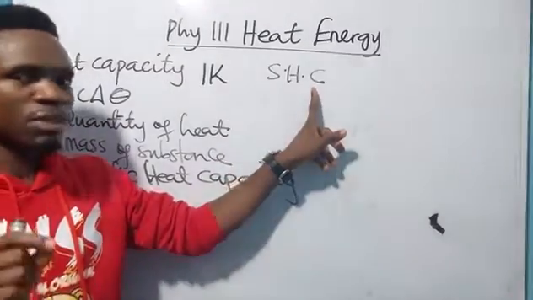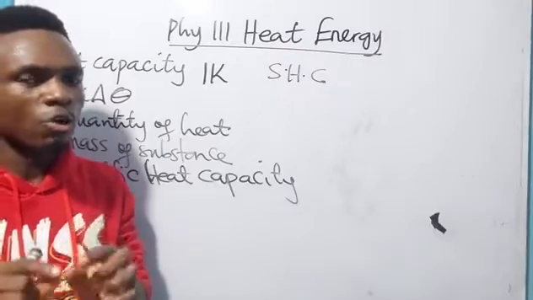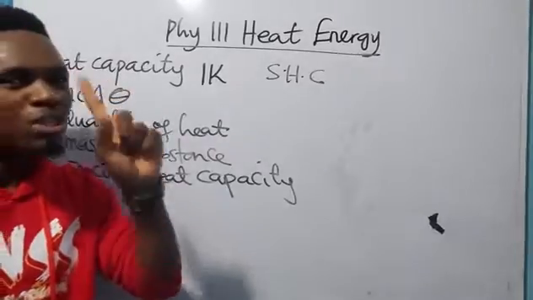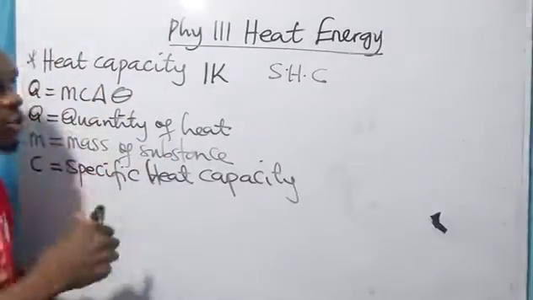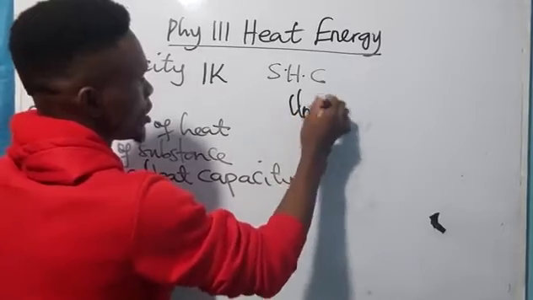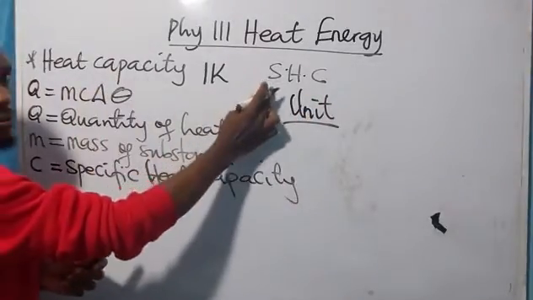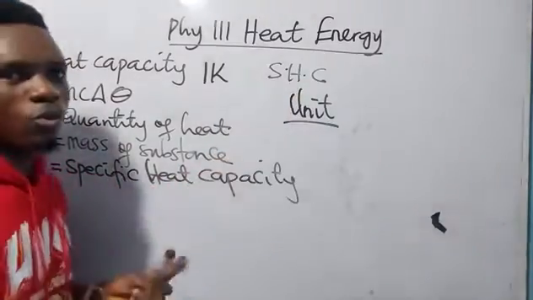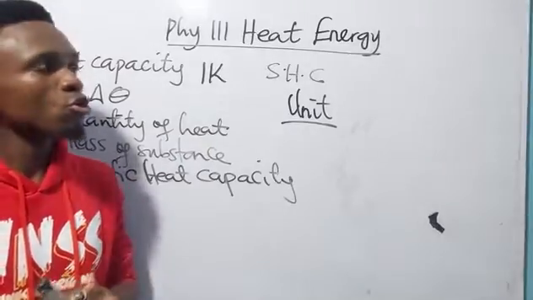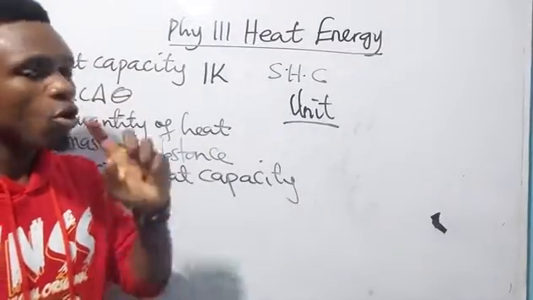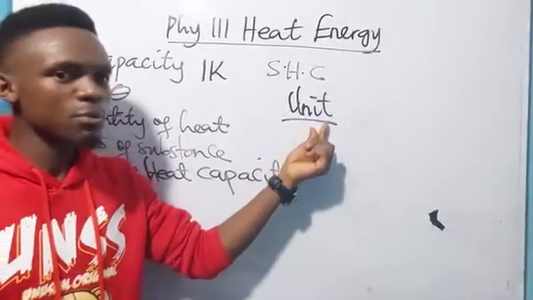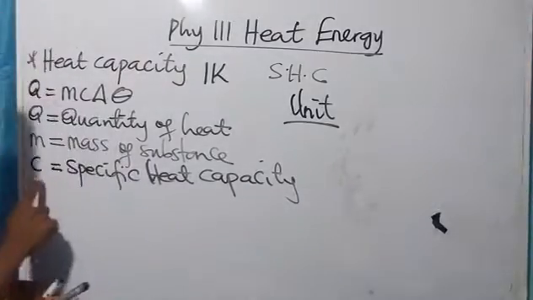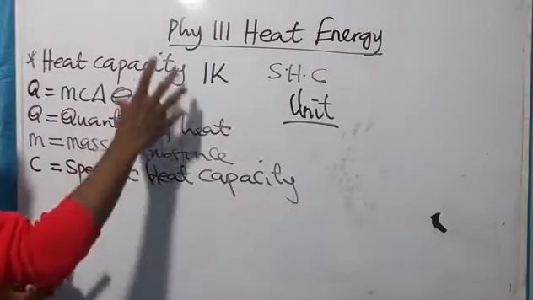Specific heat capacity means the quantity of heat required or needed or supplied to raise the temperature of a unit mass of a substance by 1 Kelvin. And it is denoted as small letter c.